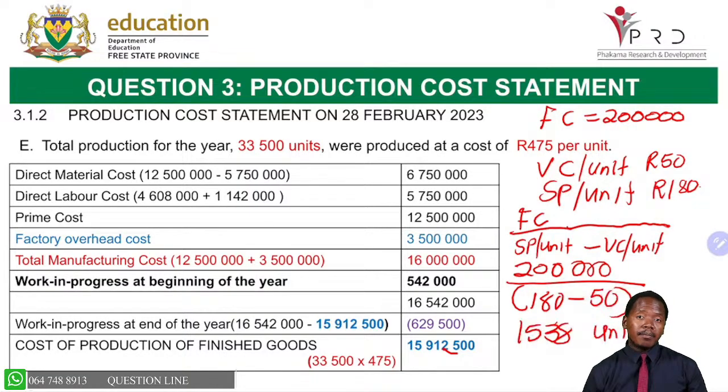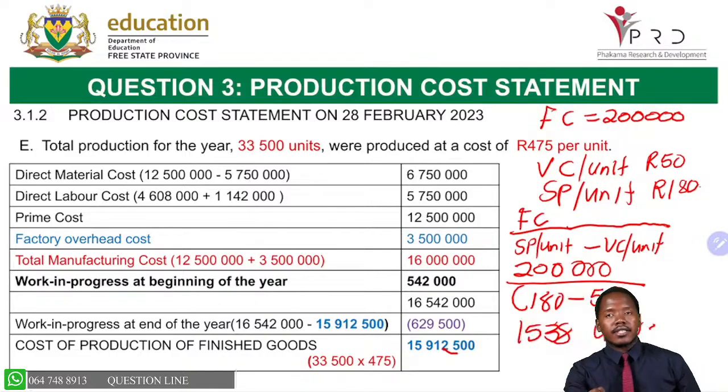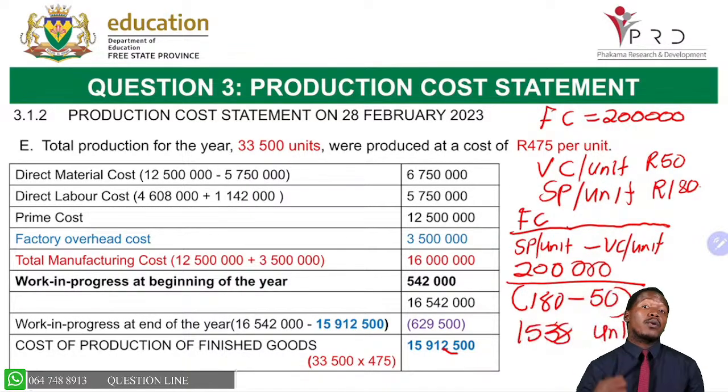Why do we calculate break-even point? To realize how many units we must produce to cover our production cost. Okay, that is why we are doing this. We don't want to make a loss in the process of production.